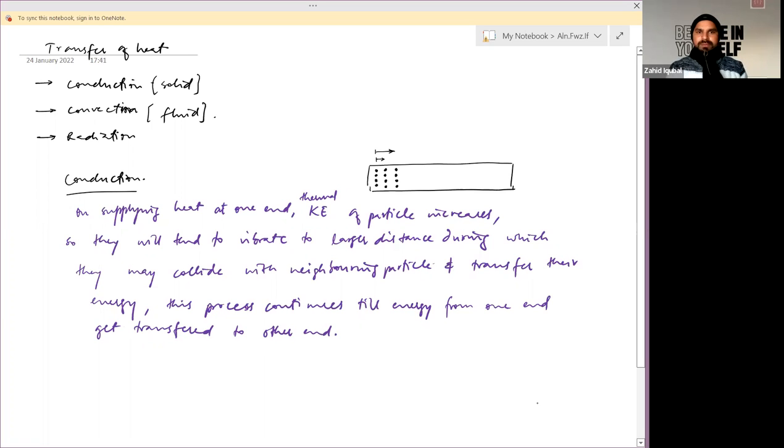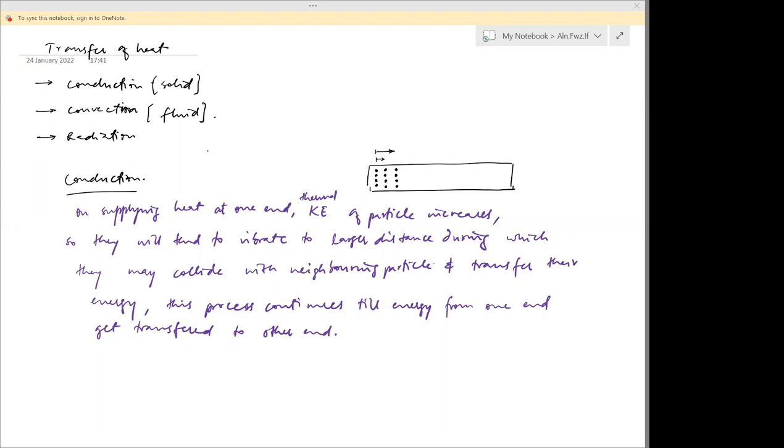So first write it down, then I'm defining this part with respect to electricity. Done, sir. Okay.